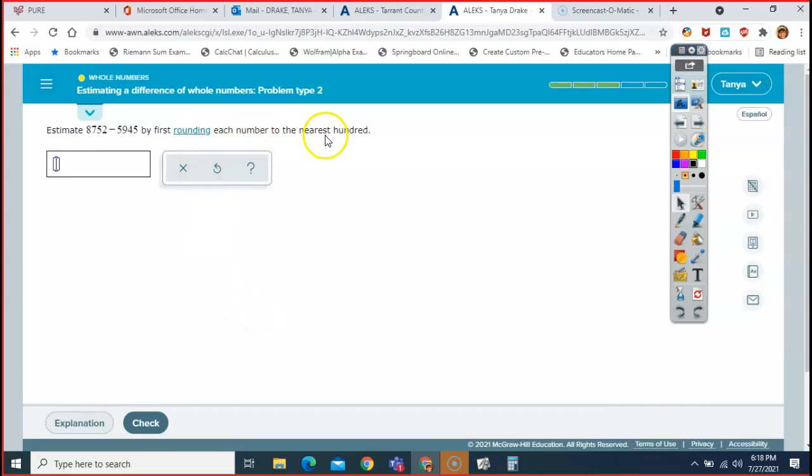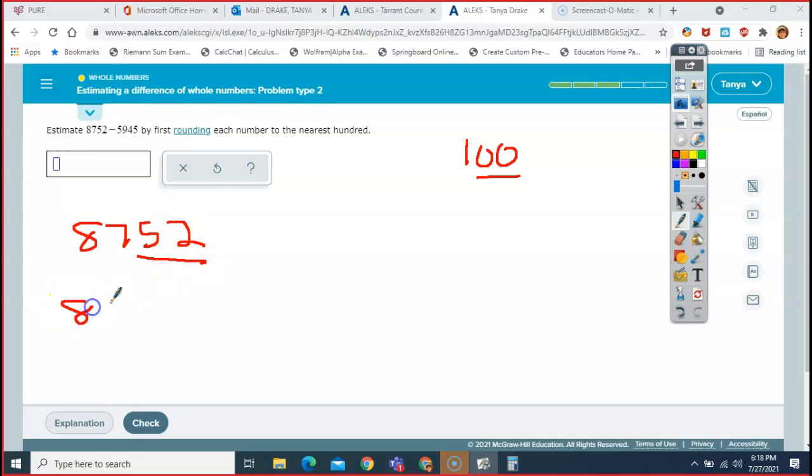Okay, rounding to the nearest 100 again. Since 100 is 2 zeros, then 8752 becomes 88. And the other 2 become zeros. Minus 5945.